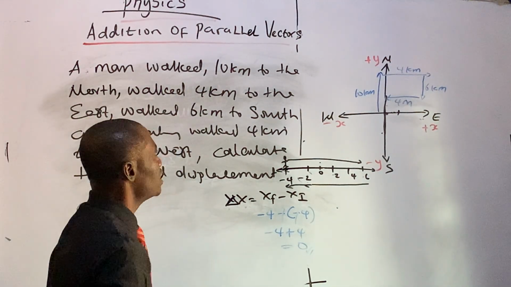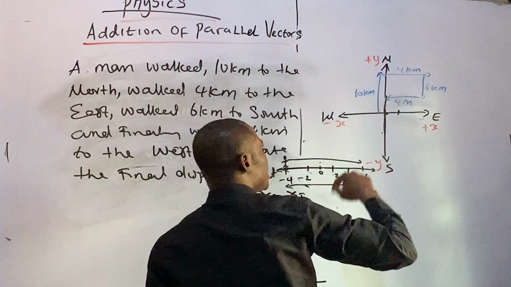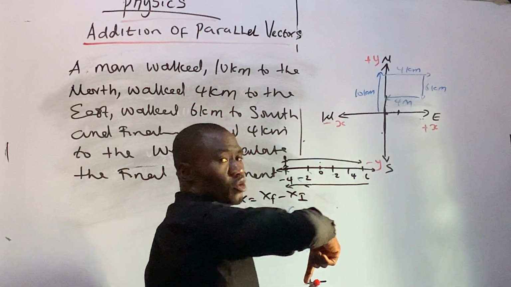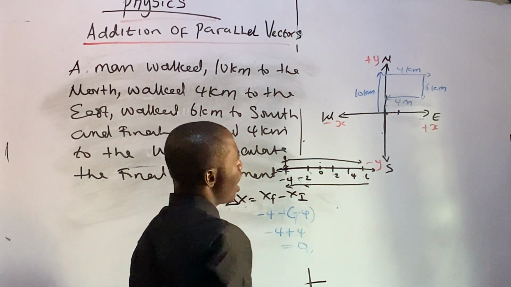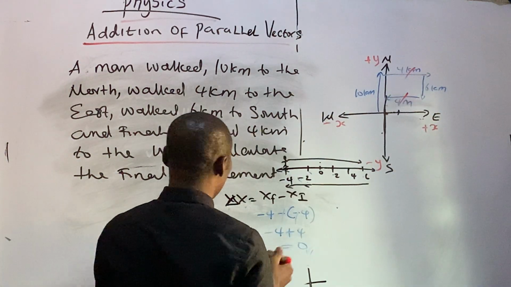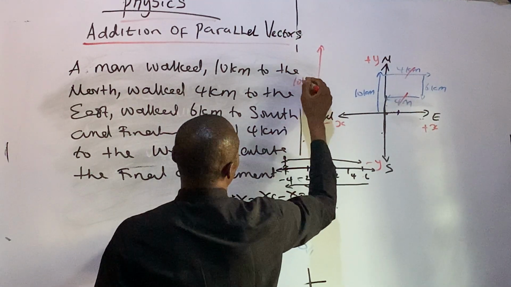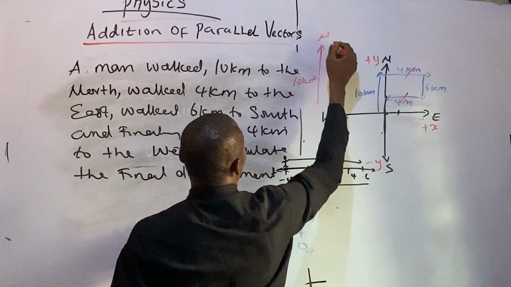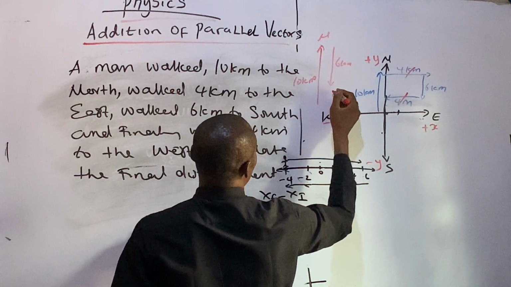meaning there is no displacement here. Now, this guy travels 10 kilometers to the north, 4 kilometers to the east, 6 kilometers to the south, 4 kilometers to the west, meaning the east and west movements cancel out. So what we have now is 10 kilometers to the north, and then we have 6 kilometers to the south.